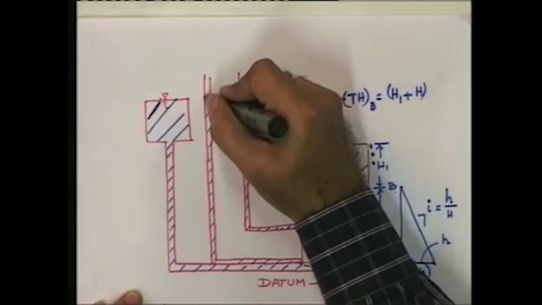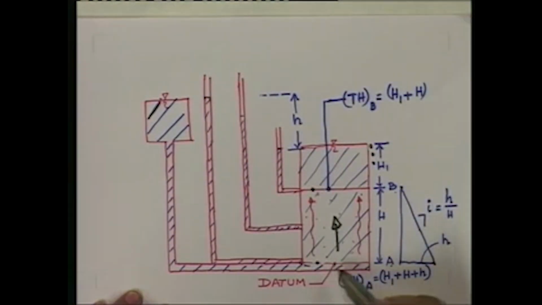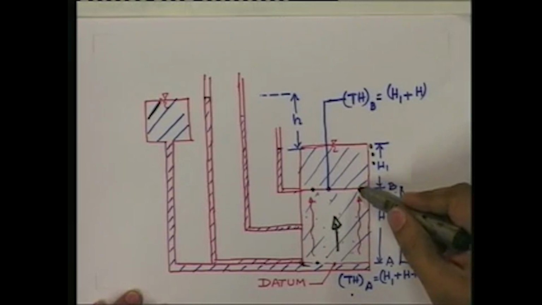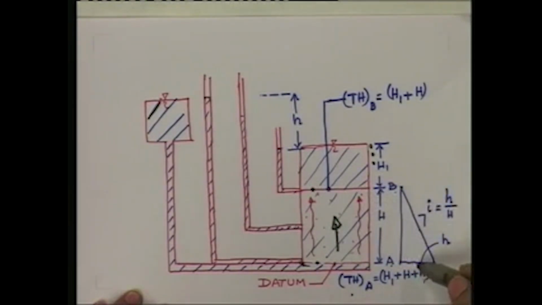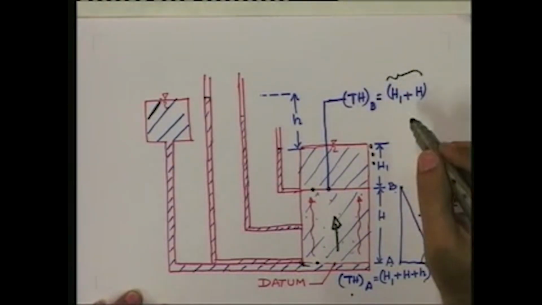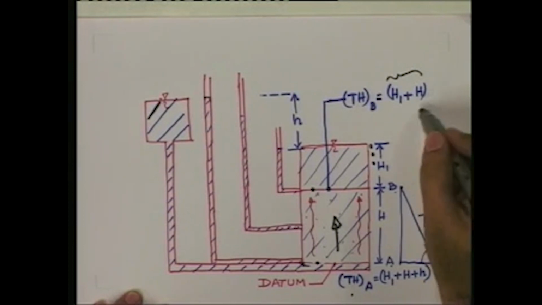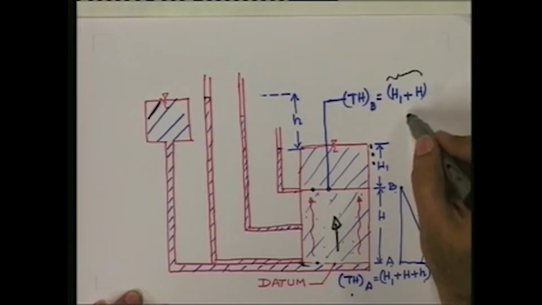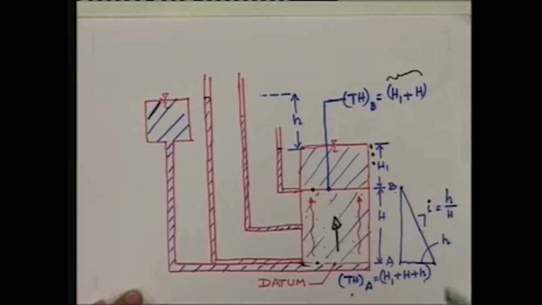At this particular point the elevation head is 0. So, the total head at point A is equal to capital H plus small h plus capital H1. When you come to point B, this h is now reduced to 0. So, the pressure head available is H1 plus H, and the total head is H1 plus H.